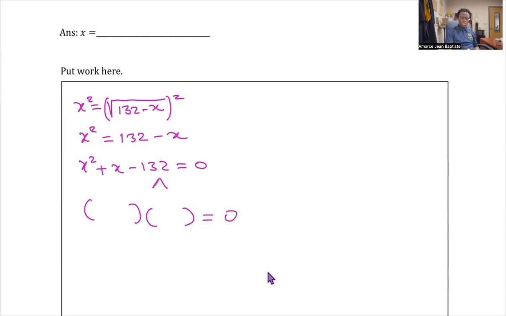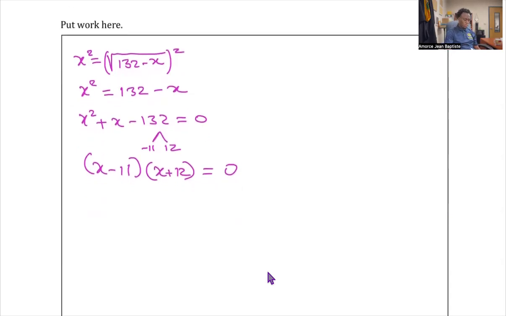The two factors are negative 11 and positive 12. So the factored form is x minus 11 times x plus 12. Using the zero product property, x minus 11 equals 0, or x plus 12 equals 0. So x equals 11 or x equals negative 12.